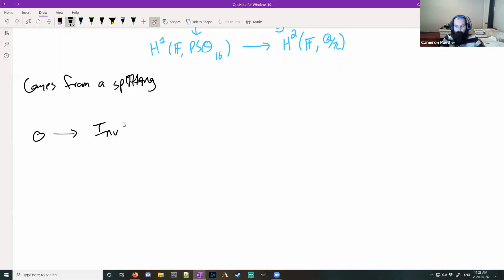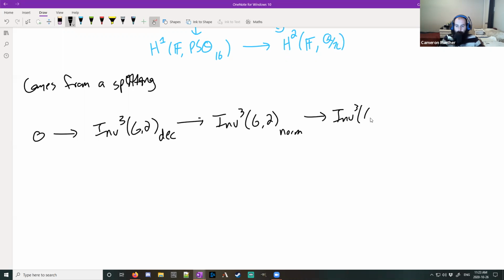I had defined the indecomposable invariants as a quotient, which means we can put them into this sequence. Normalized invariants. Decomposable.